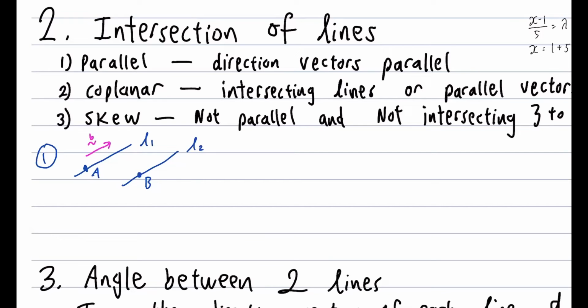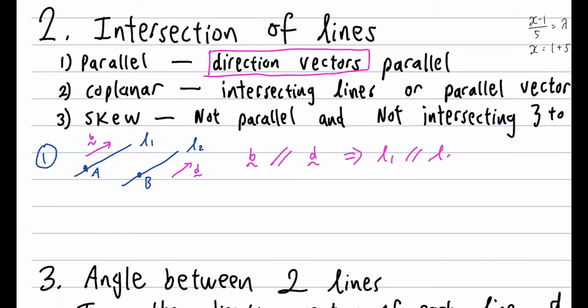Let's say this is vector D1 and this one is vector D2. To show that they are parallel, we need to show that the direction vectors are parallel. In other words, D1 is parallel to D2 if and only if L1 is parallel to L2.